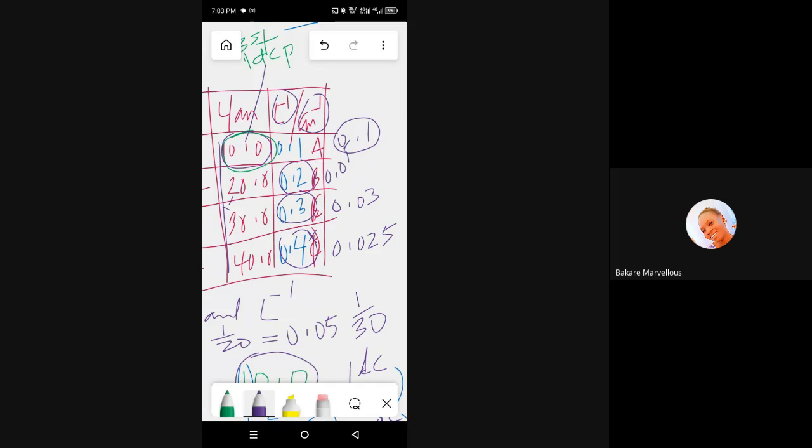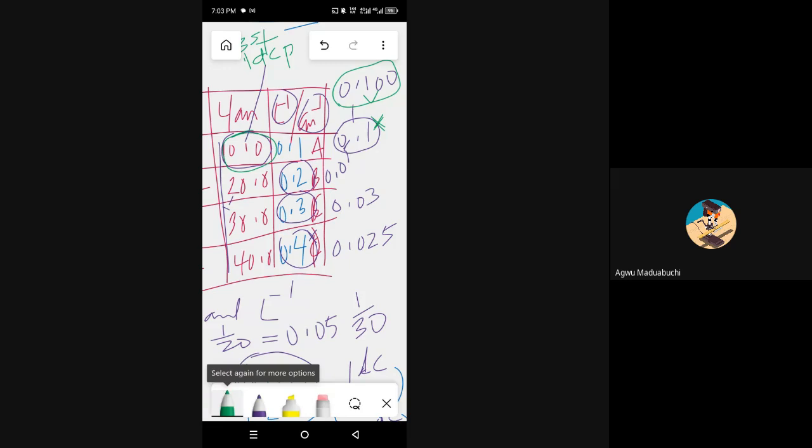So you will take this one to 3 SF. So the answer you will record will be 0.100. Did you see that? Yes, sir. So this is how you will record your L inverse, not like this. Noted.